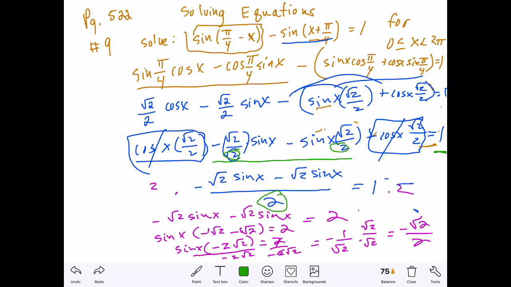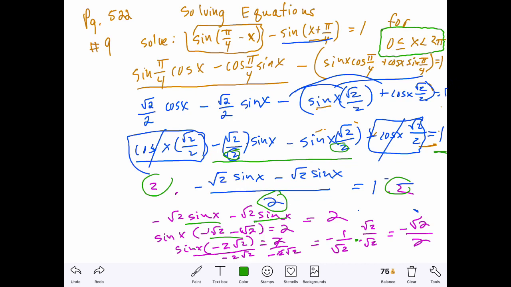Then I multiplied by 2 on both sides to get rid of that 2. Factored out a sine x, which is in both of these terms. Combined those terms into negative 2 root 2, and then divided them out. And once I divided them out, I still had to rationalize here, and I got to negative root 2 over 2. Now, here's where this information is going to come in handy.